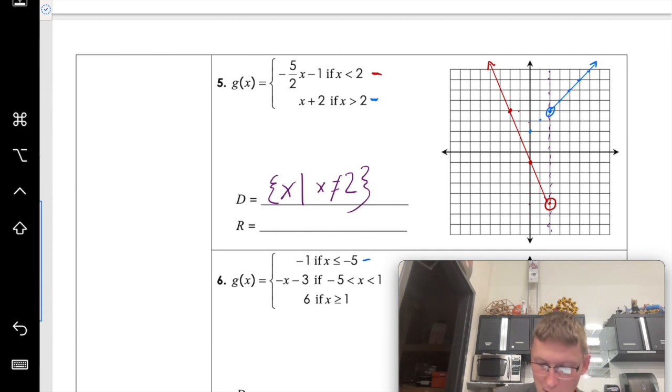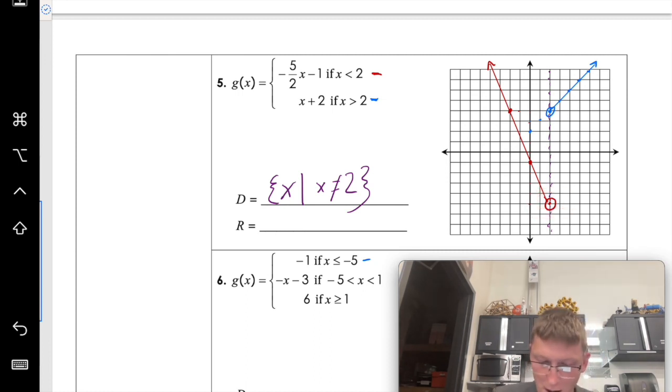Okay, now let's look at our range. Our range is our y values, so we can start up here, and it crosses both lines twice. Here it doesn't cross the blue line, but that doesn't matter. The range is just possible y values. This value is good because it crosses right there, which means we can keep going down, and our range goes all the way down to this value.